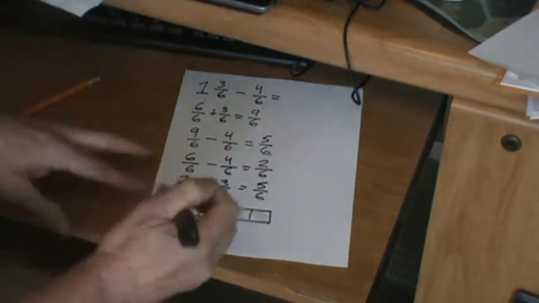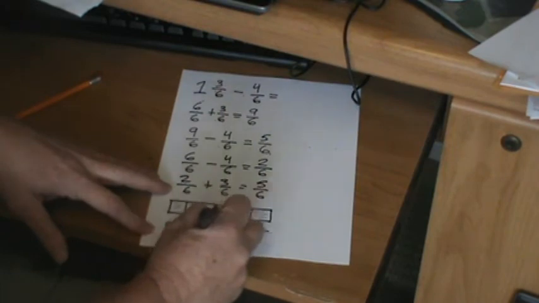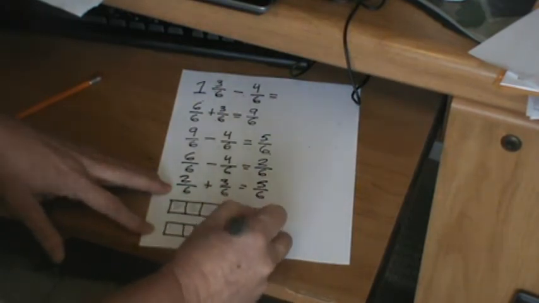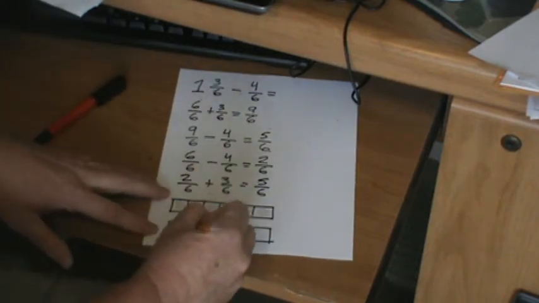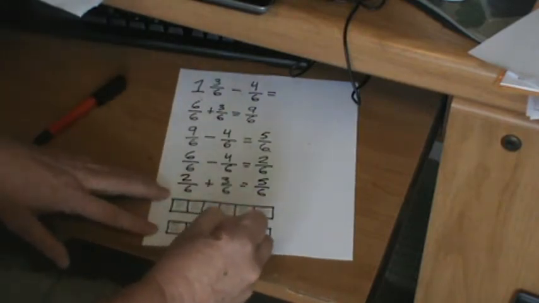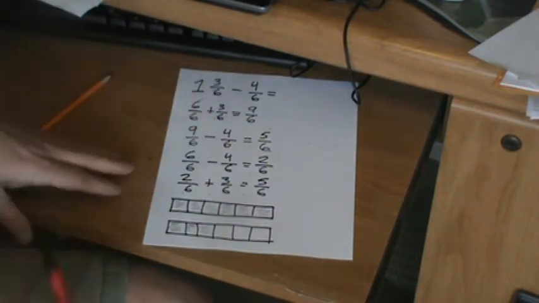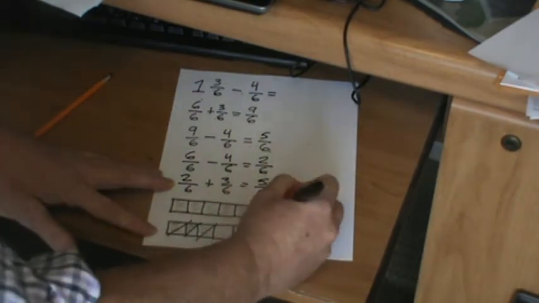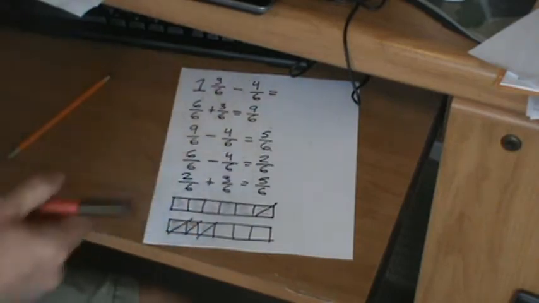And now let's do 3/6. 1, 2, 3, 4, 5, and 6. And we'll color in 3. 1, 2, 3. So we have 1 and 3/6. And our original problem was 1 and 3/6 minus 4/6. Take away a 6th, take away a 6th, take away a 6th, take away a 6th. We're left with 5/6.